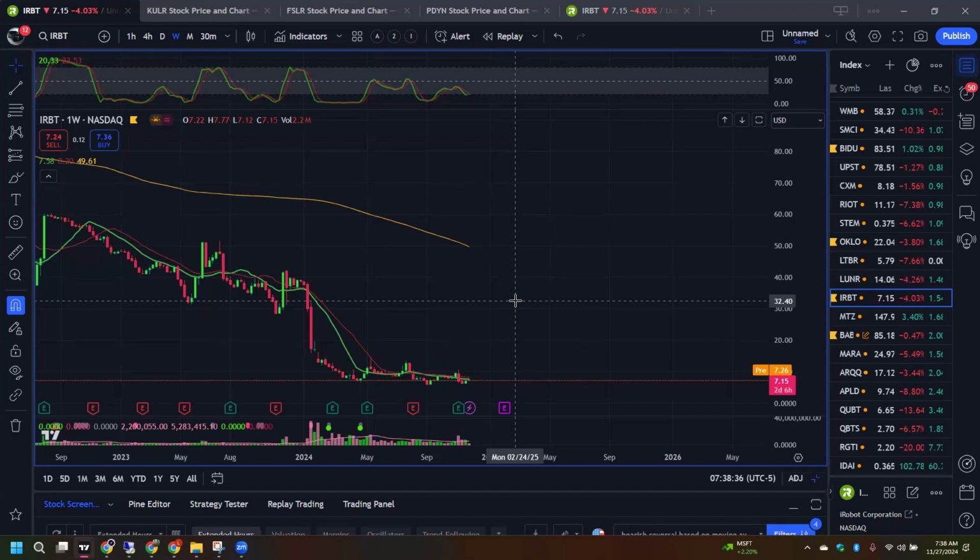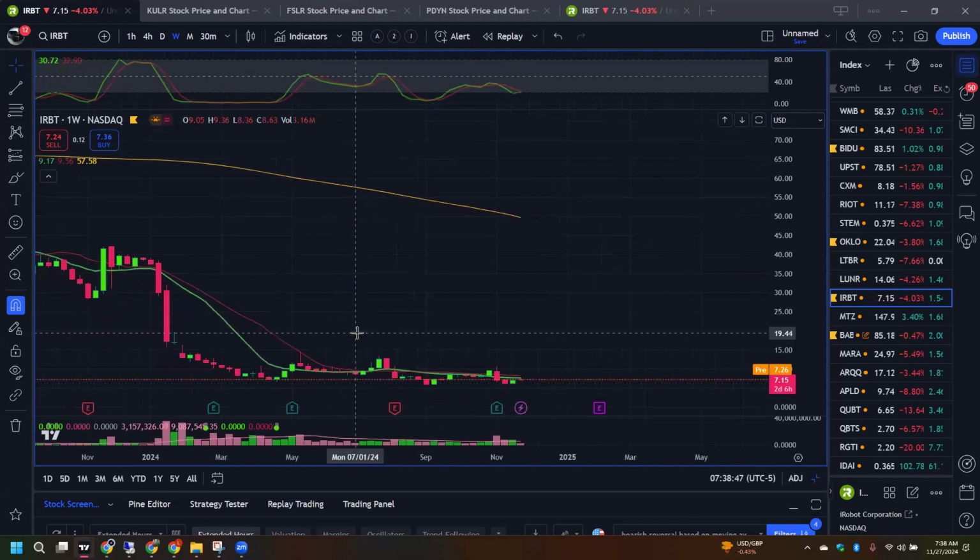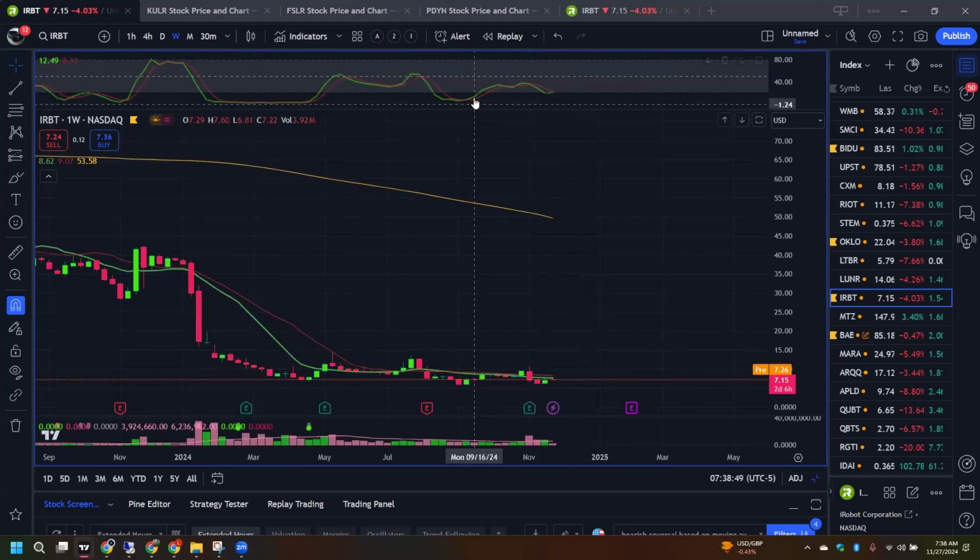So I don't know how I feel about this stock, but the chart looked like one that was good for this morning's analysis. And so we can kind of see what's going on here. Top to bottom, we have just come out of oversold conditions back in September. And now it looks to me like we're trying to create a double bottom here. And that is really all I want to see on the weekly time frame.